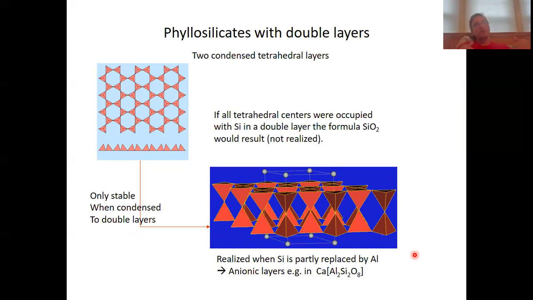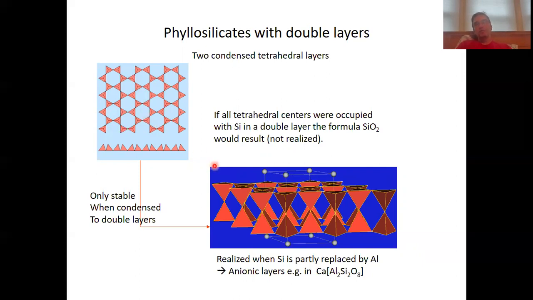Okay, so we previously already discussed that when we have a single layer like this, the single layer is not stable in itself because it's so strongly polarized, so all of these tetrahedra point up. However, we have now the possibility to fuse two of these layers together to make these terminal oxygens here actually bridging oxygens. So that removes the charge.